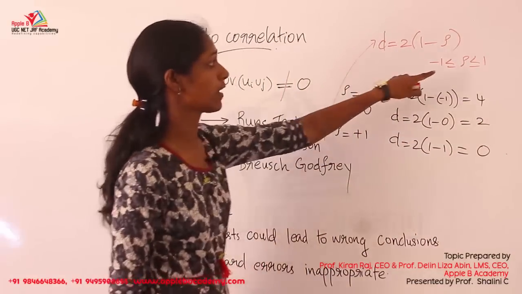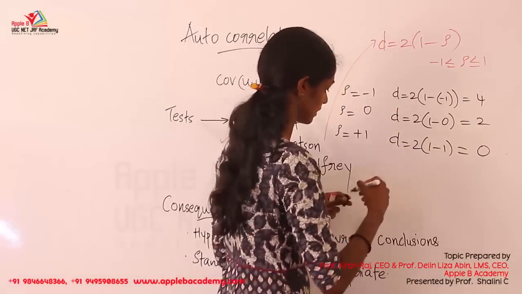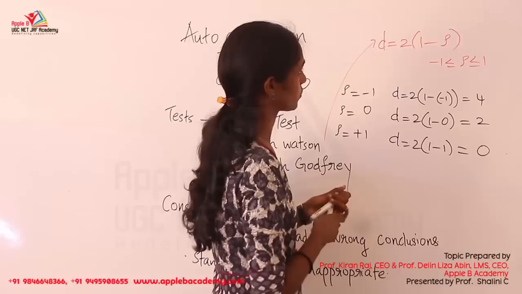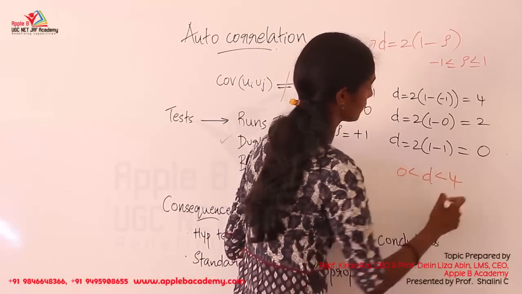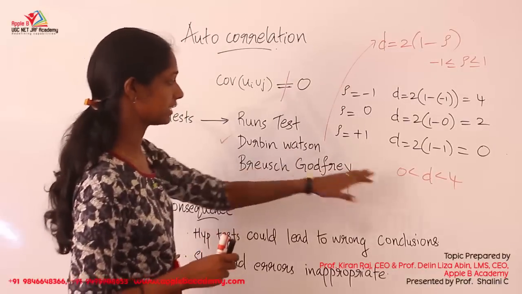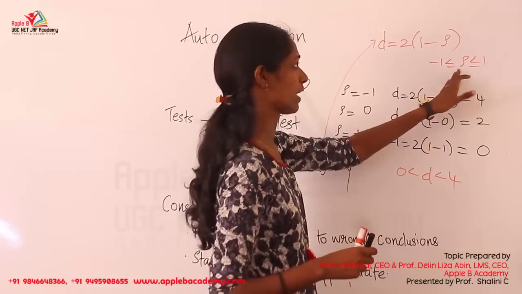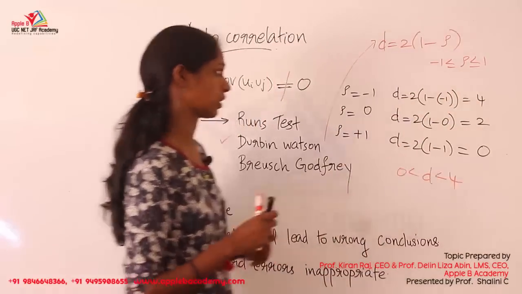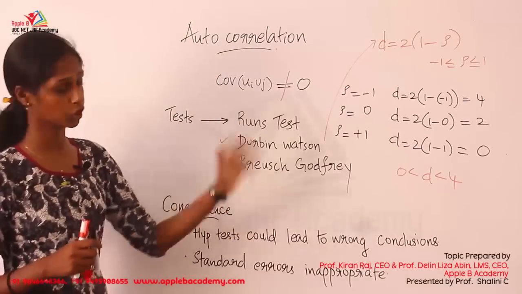So when rho's value lies between minus 1 and plus 1, D's value lies between 0 and 4. The Durbin-Watson statistic D lies between 0 and 4 when the correlation coefficient rho lies between minus 1 and plus 1. So that is the most commonly used test to detect autocorrelation.